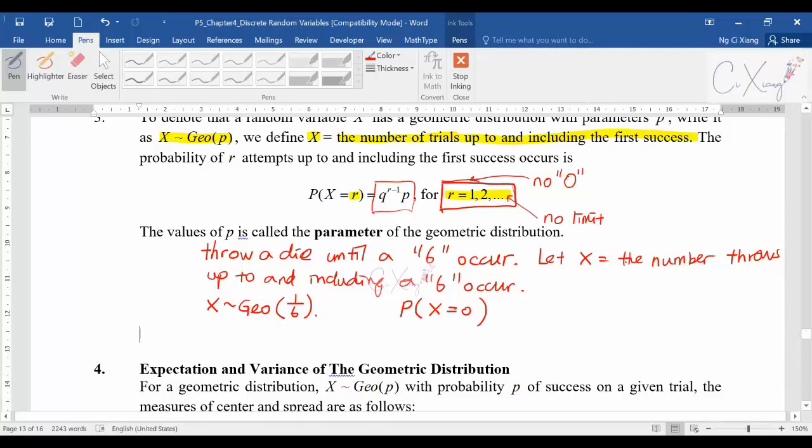Is that possible? No, right? So X cannot be 0, therefore the r here cannot be 0. You must at least throw the die once, then only you can get some probability. This is why we don't have any 0 here.